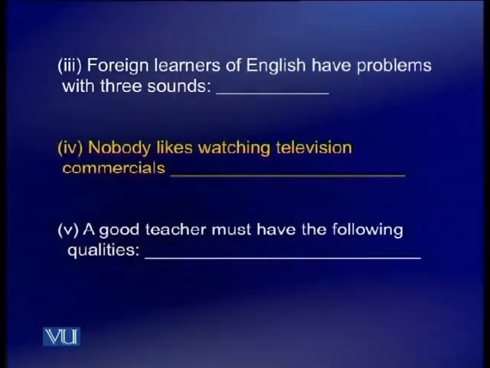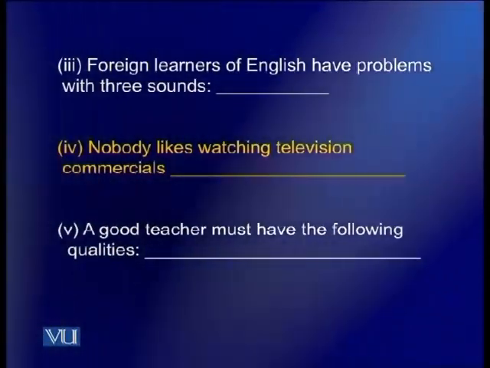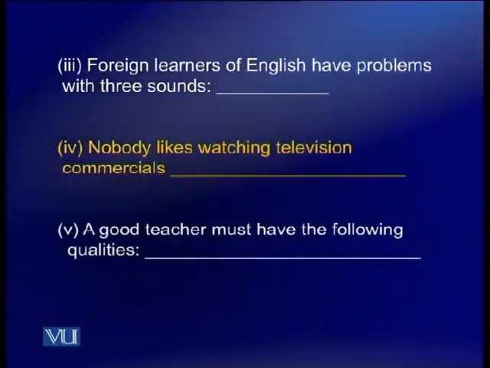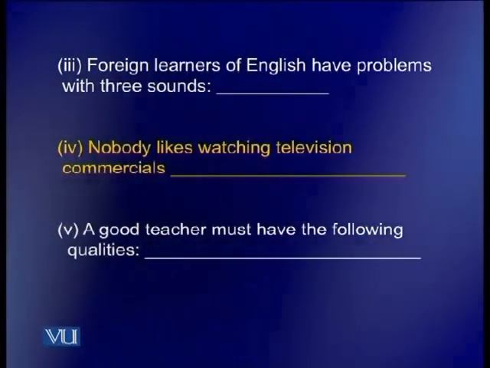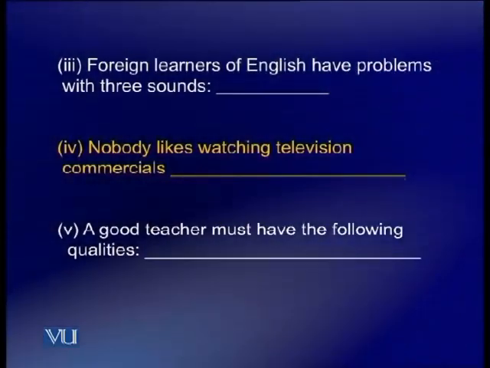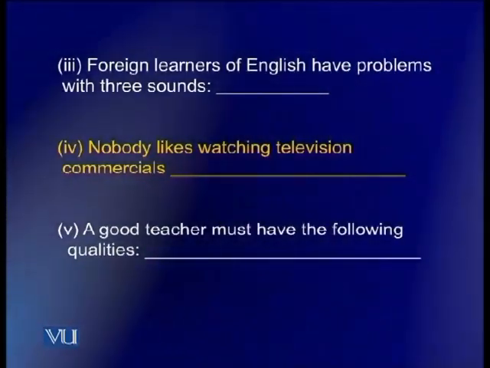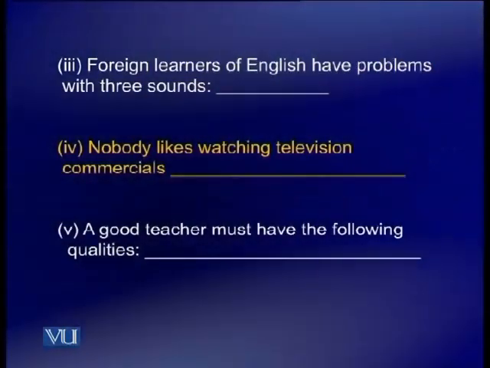Take the next thesis statement. Nobody likes watching television commercials, and you have to complete the statement. You have to give reasons. Nobody likes watching television commercials. Why?